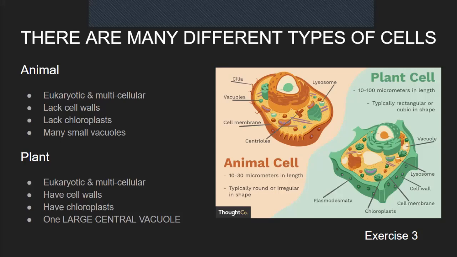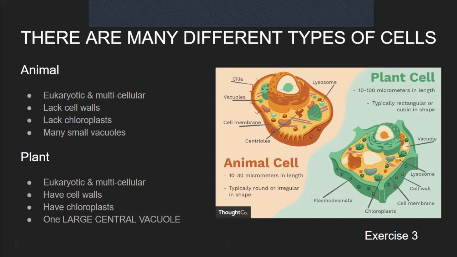It'll push all the organelles to the edge, and it will be filled with mostly water, and it pushes against the cell wall. So when the large central vacuole is full of water and pushing against the cell wall, that creates turgor pressure that keeps it nice and rigid and strong, so it keeps its shape.